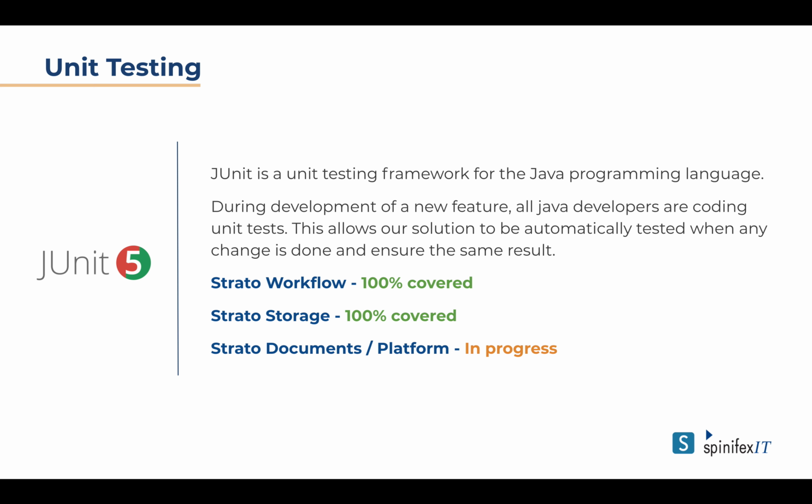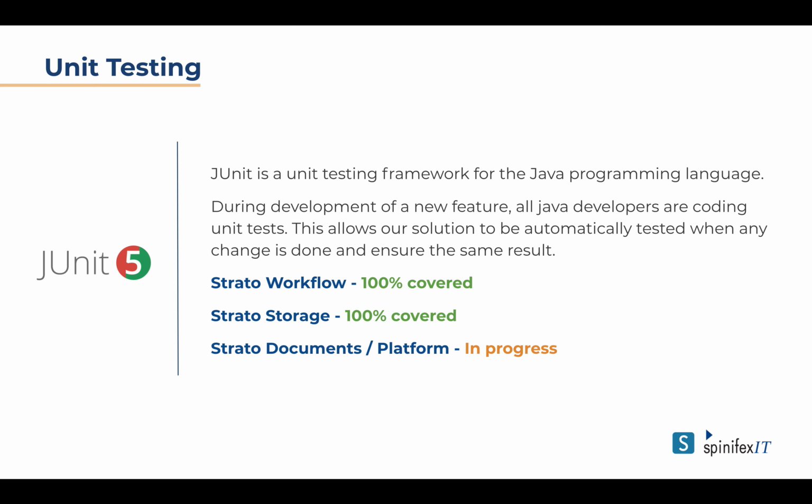So in terms of us improving quality, what we are also doing now in Java is we are using JUnit. So JUnit is a way for a developer, when he is coding his code, to also code all the unit tests around that code. Why do we do that?